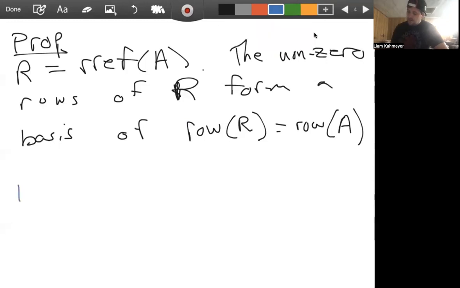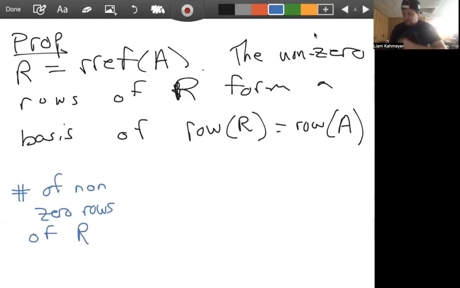And the number of non-zero rows of R is going to be the same as the number of pivots. Because if you have non-zero rows, then once it's in reduced row echelon form, the leading entry has to be a pivot position, right?